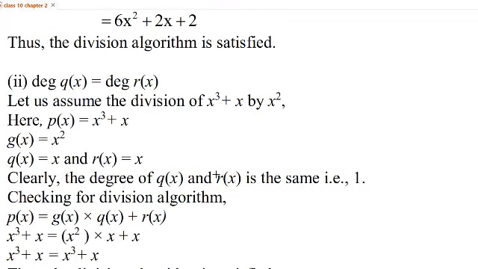Okay. Now just examples we need to give. That example we have given. Next is the degree of quotient and remainder should be same. What we have done this time, we have taken the polynomial x cube plus x. You can take any polynomial of any degree. You could have taken a quadratic polynomial or biquadratic polynomial, right?